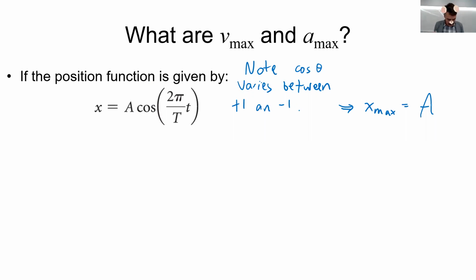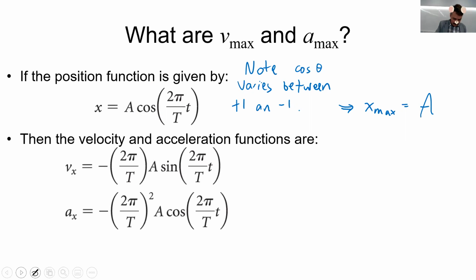Okay. And then she does give these equations for velocity and acceleration as functions of time. But you're not often asked in problems for what these things are as a function of time. You're asked for the maximum speed, the maximum acceleration. And so again, you can use the same thing for sine theta. It varies between +1 and -1.